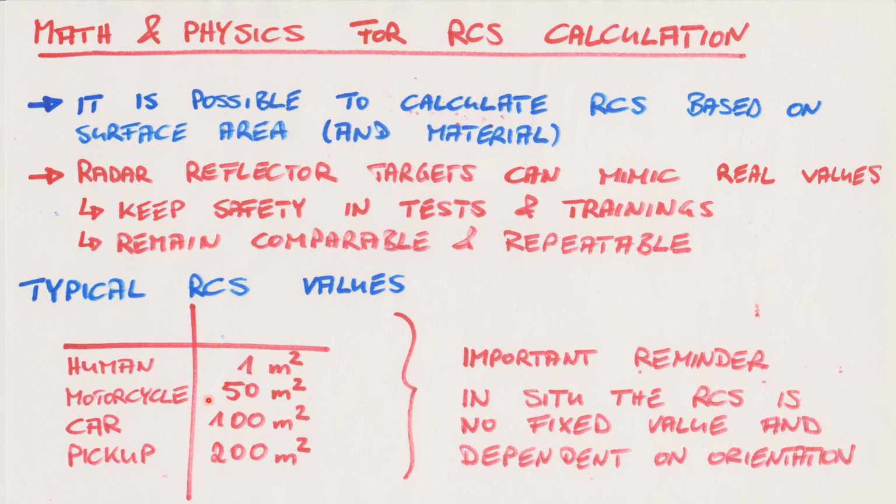Of course, the values would not be comparable, and what you train team number 1 can be different from team number 2. So it really makes sense to indicate the radar cross-section that you want to test for, get a radar reflector or multiple ones, and keep them in the training and testing procedure.